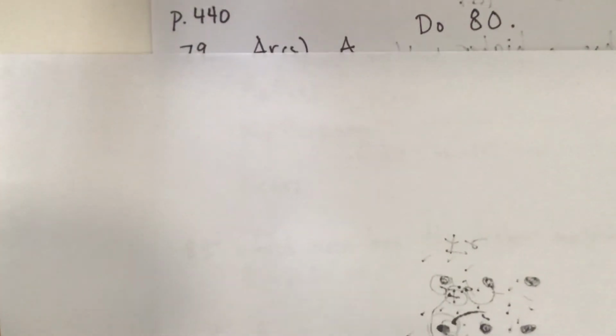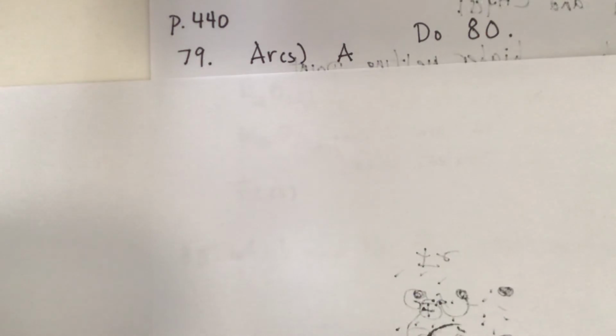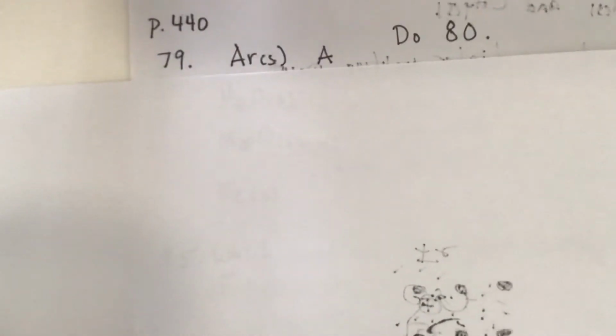I want you to do question 80, but I'm going to give you an example which is the same idea as what's in the book. So that would be question 79, which is similar to 80. So it says that we need to determine what kind of solid it is.